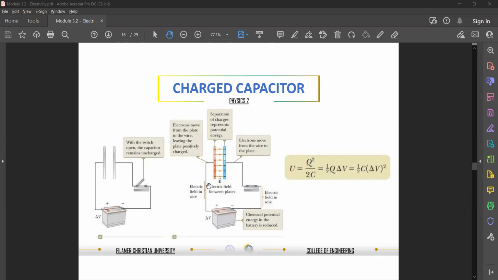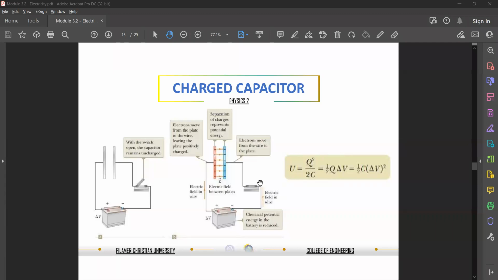So here, the electrons move from the plate to the wire, okay, leaving the plate positively charged. Okay, so from positive to negative tayo. So now the separation of charges represents the potential energy, or this is also represented by your electric field between plates. Then the electrons move from the wire to the plate.